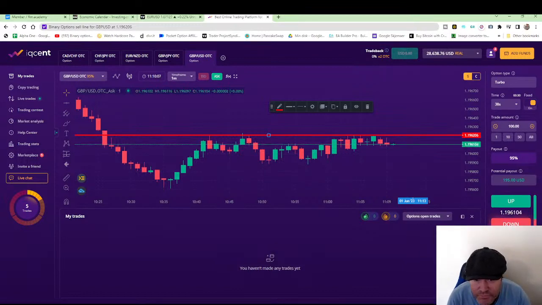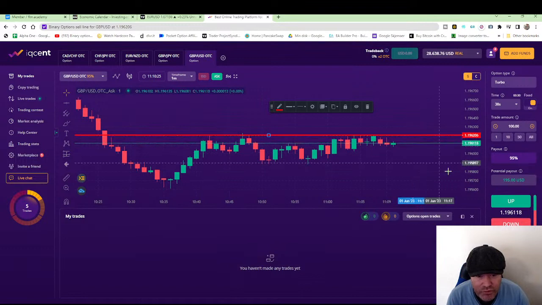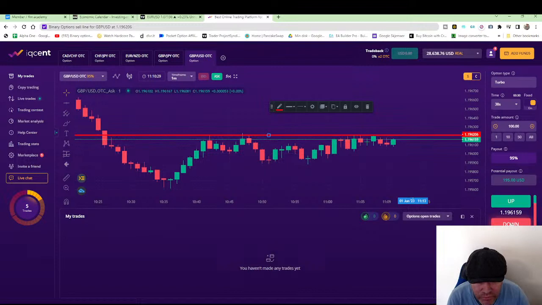We are ready. So now we will just hit the down button if we hit up to this red line. Hopefully we can get a few trades here now. Come on, a little more.